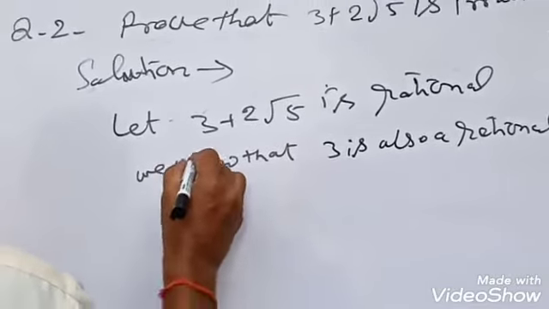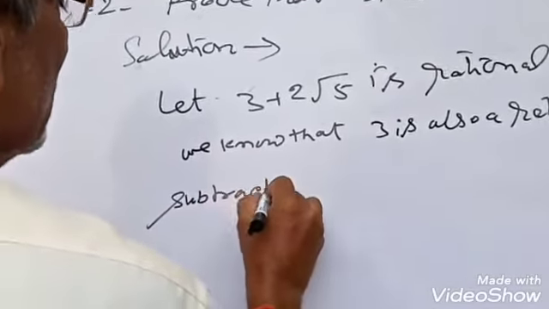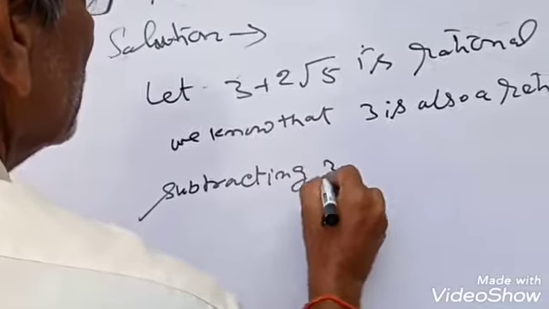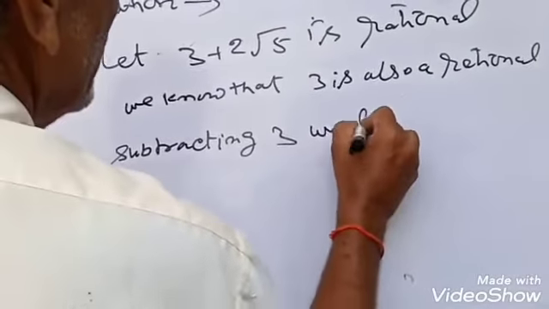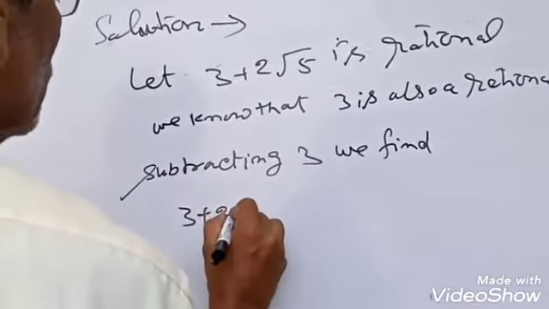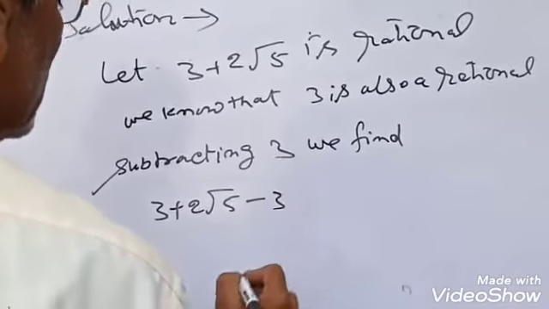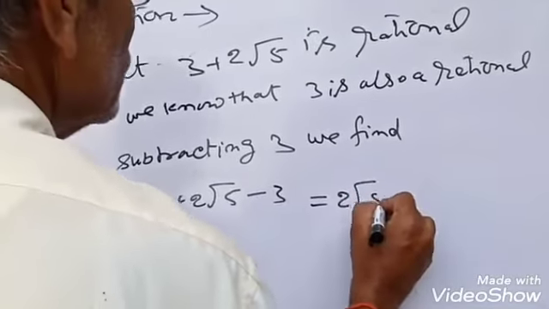Subtracting 3, we find 3 plus 2 root 5 minus 3 is equal to 2 root 5.